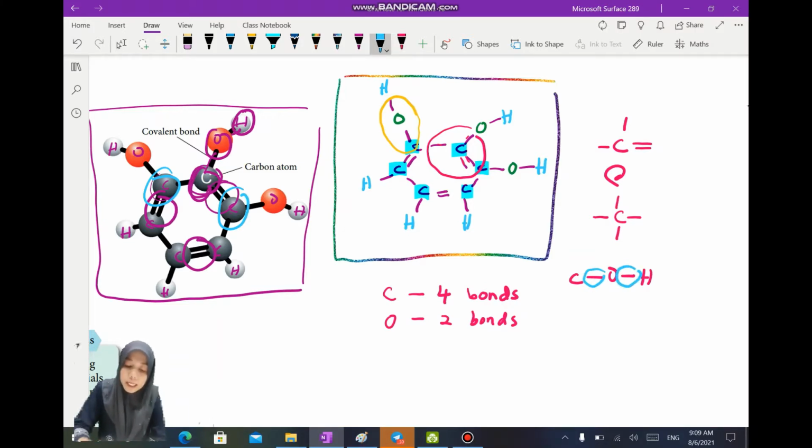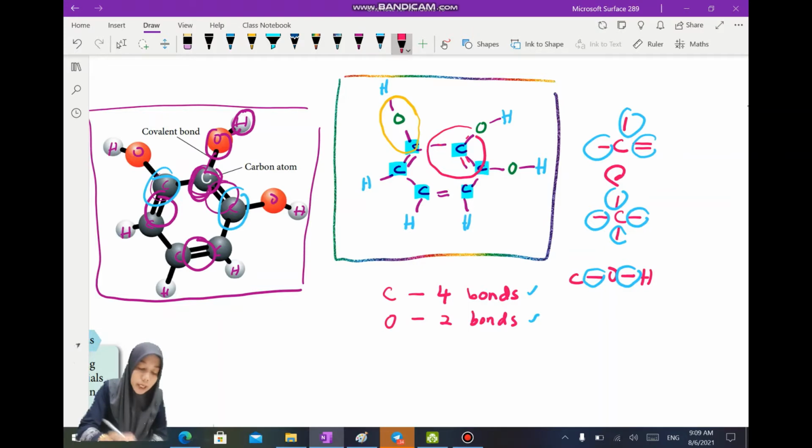Kalau C mesti 4. C should have 4 bonds. O should have 2 bonds. And then for H, H only has 1 bond. H dia hanya terikat kepada 1 ikatan sahaja.